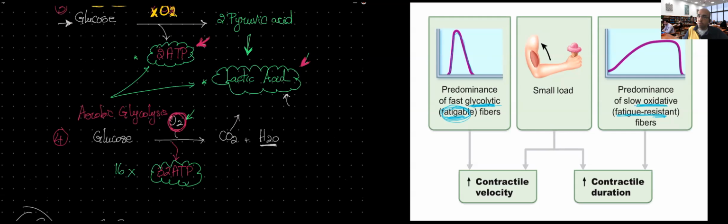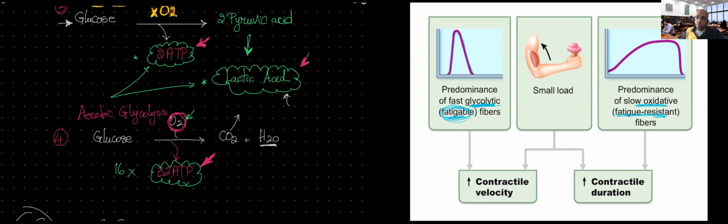Oxygen, when present, supplies larger amounts of ATP, and if I supply large amounts of ATP, I'm not producing lactic acid, so I am fatigue resistant. So the more fast glycolytic fibers in the muscle, the faster but more fatigable it becomes. The more slow oxidative fibers, the more fatigue resistant and slower it becomes.